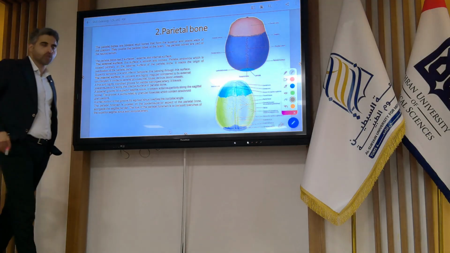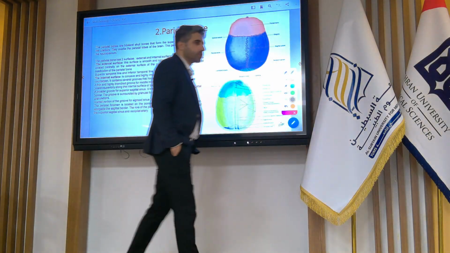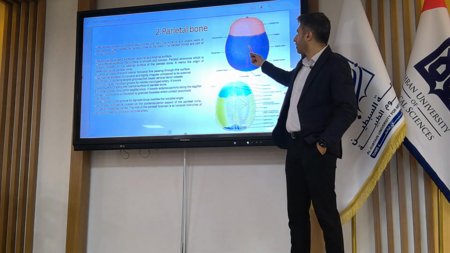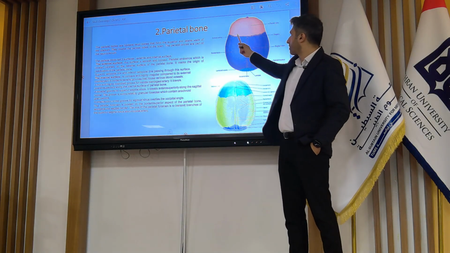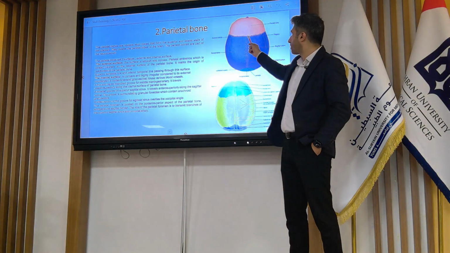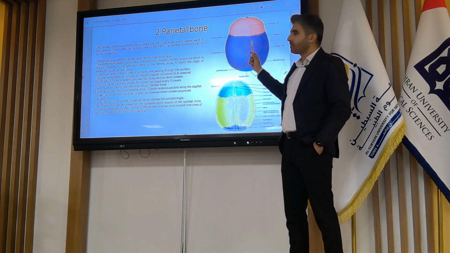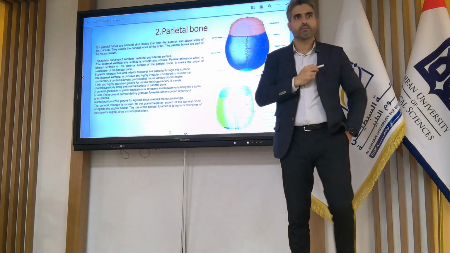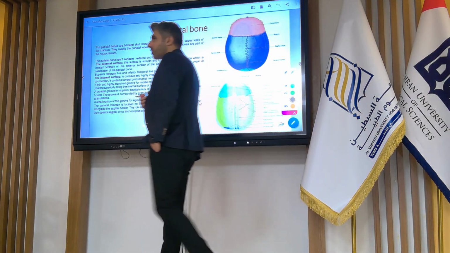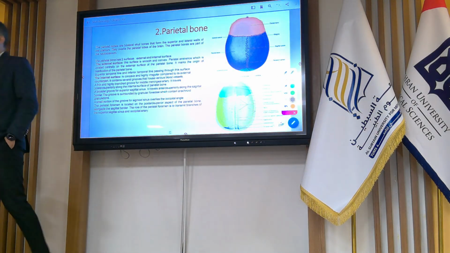First of all, you should know the names of the sutures related to the parietal bone. For example, this one is the sagittal suture. This one is the coronal suture. This one is the lambdoid suture. The names of the points are bregma and lambda, and you can see this structure here. On the external surface of the parietal bone, you have 3 points.